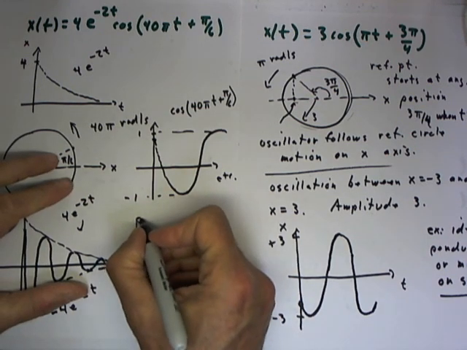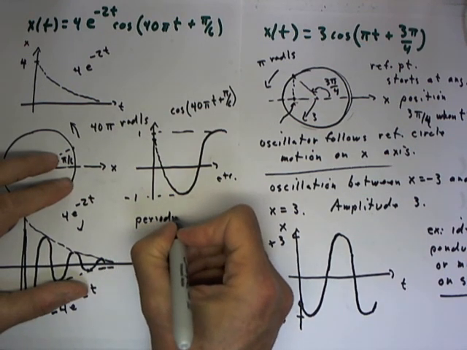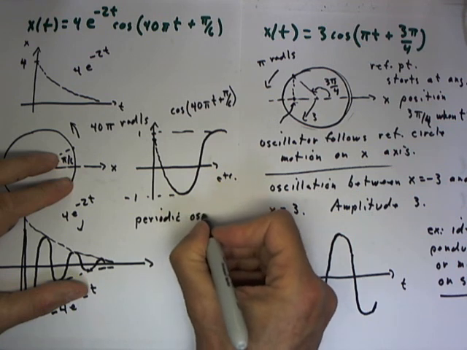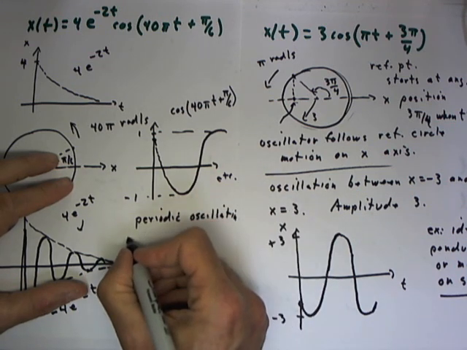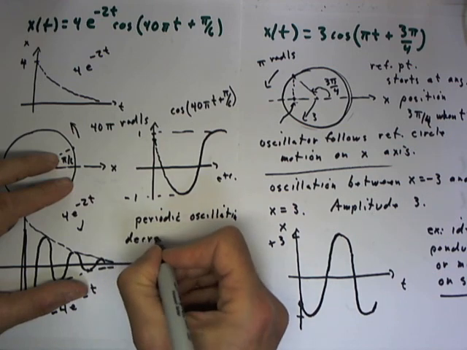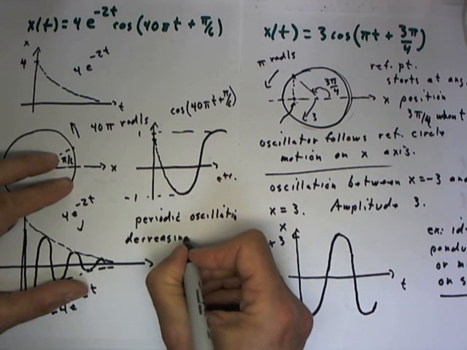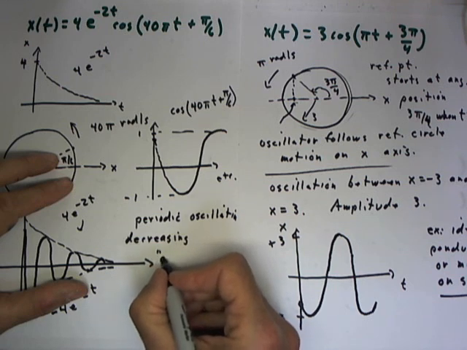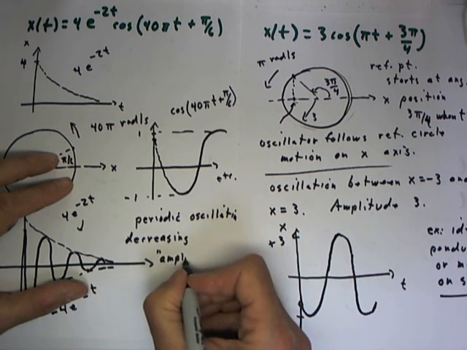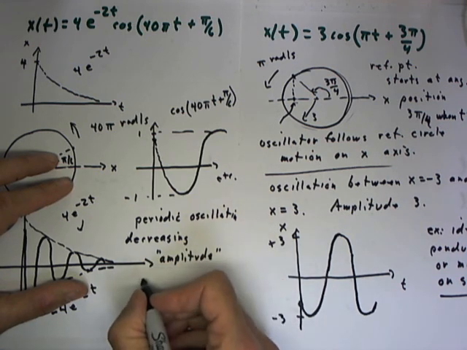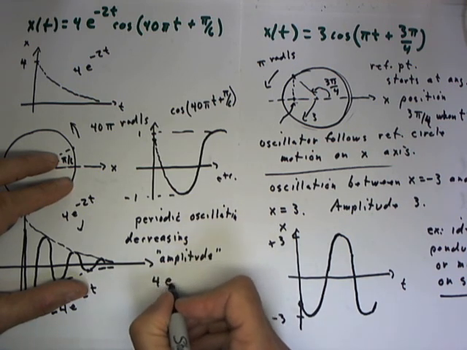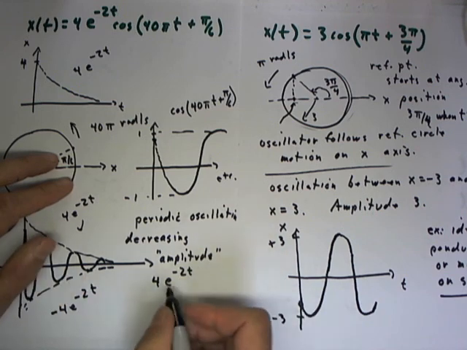So what we have is periodic oscillation with decreasing, in quotes, amplitude, which would be like 4e to the negative 2t.